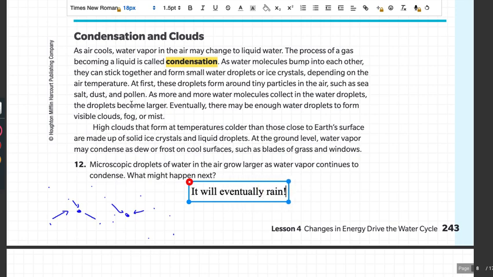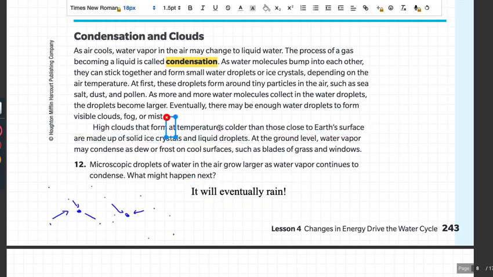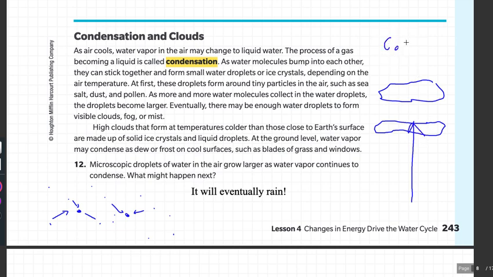So this is talking about high clouds. As you get higher up in the atmosphere, you have clouds at different layers, and that's why clouds look different. But as you go higher up in the atmosphere, it's going to be colder. As it gets colder, the water droplets will tend to condense more, and they will start to gather together.